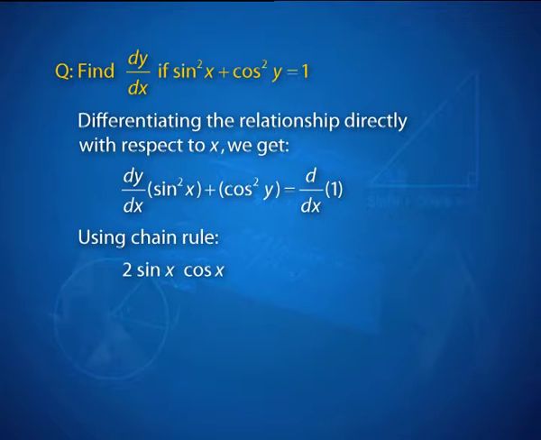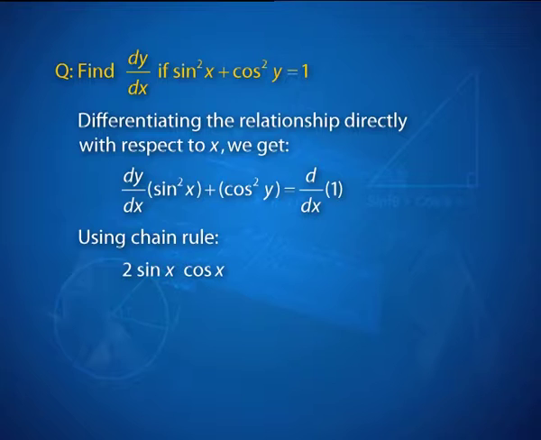Using the chain rule, I get the derivative of sine square x as 2 sin x cos x. We are interested now in understanding what the derivative of cos square y would be. Again, it is a composition. Outermost function is the square function, then the cosine function, and then another function, that is y, which is a function of x.